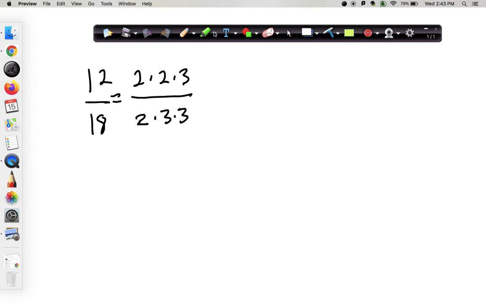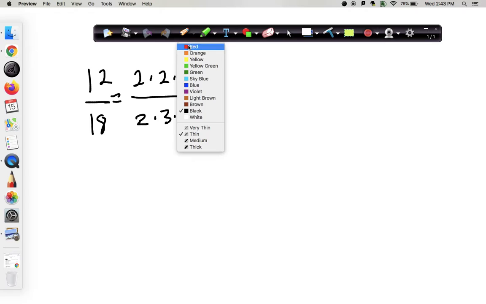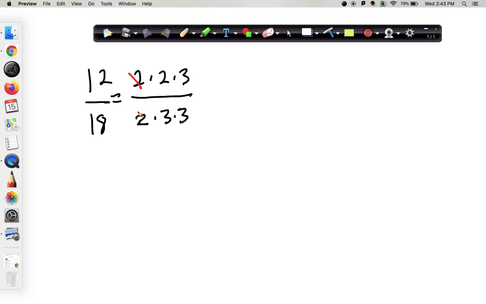And then we can, what I call pre-divide. Like we can divide before we even have to divide. Because what we'll do, let's turn this red, is we'll just not multiply it by 2. So anything that's in both lists, we just divide it out. And whatever's left over, then that becomes our simplified fraction. So this is equal to 2/3.